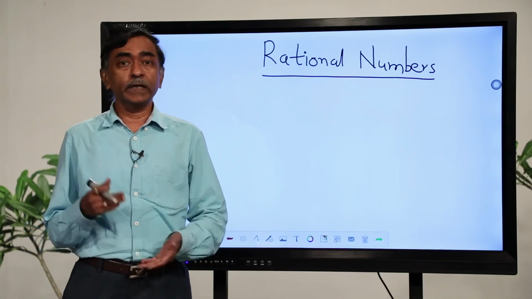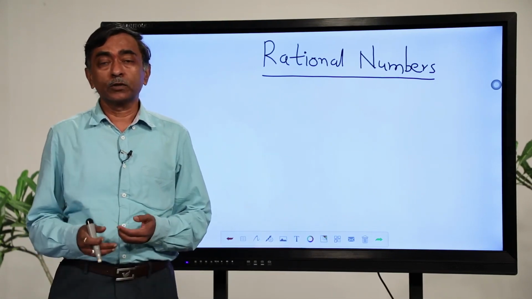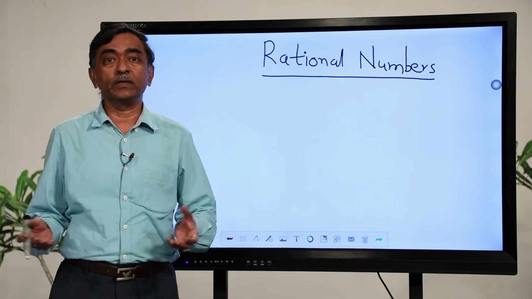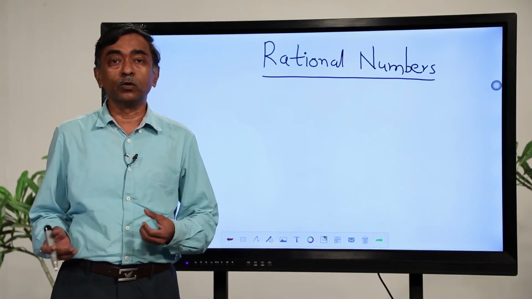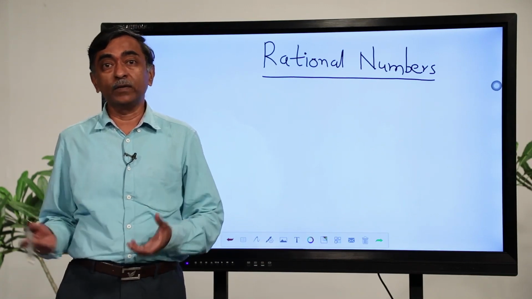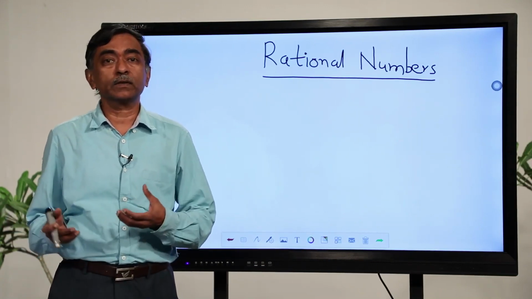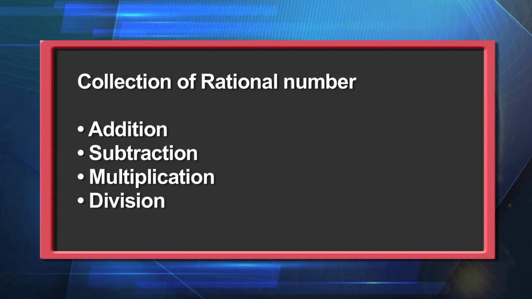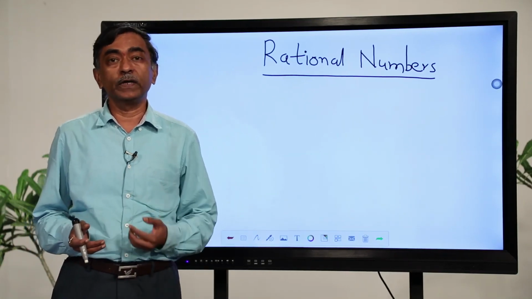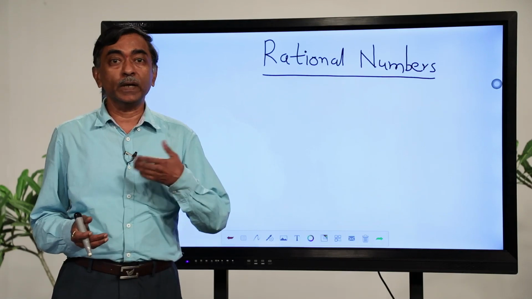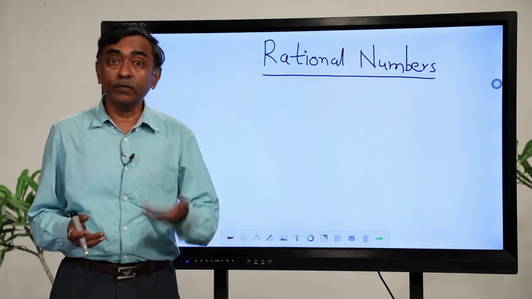Now, proceeding further, because they are numbers, they might have some properties, they might behave in a particular way. We would like to see the different types of behavior of this collection of rational numbers under different operations: addition, subtraction, multiplication and division. You have seen in earlier classes the addition, subtraction, multiplication and division of integers.